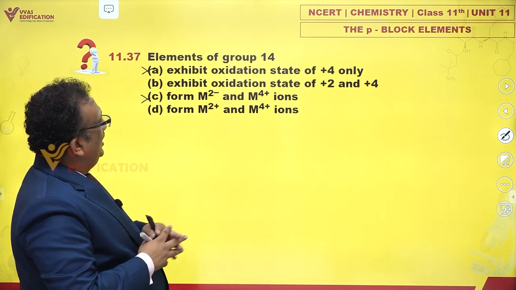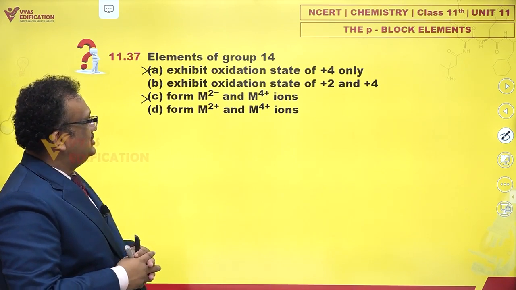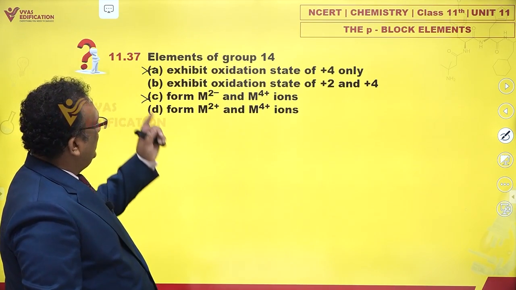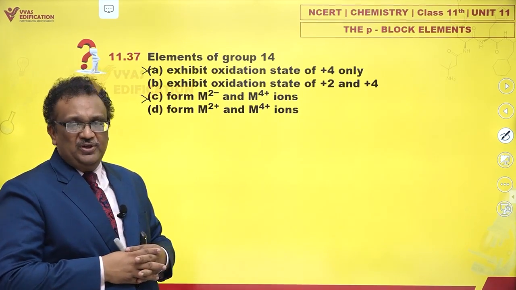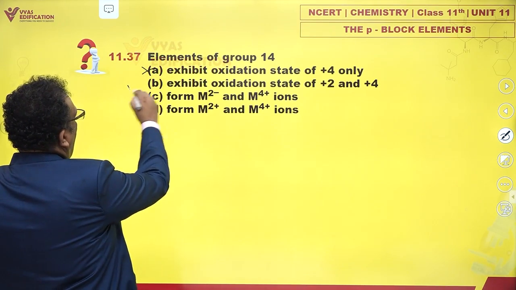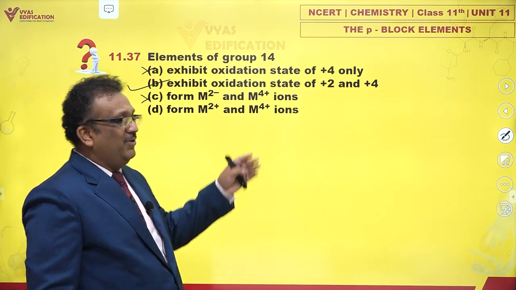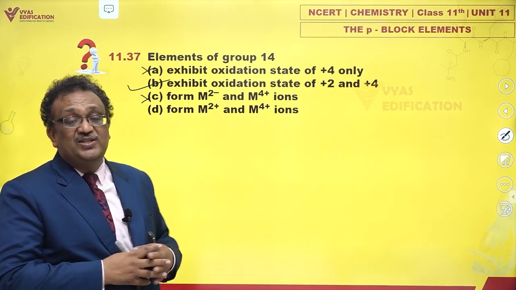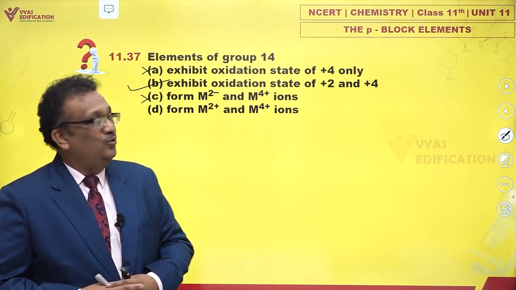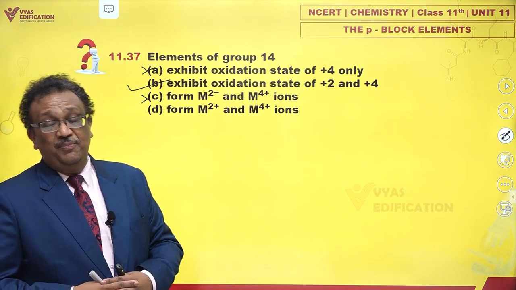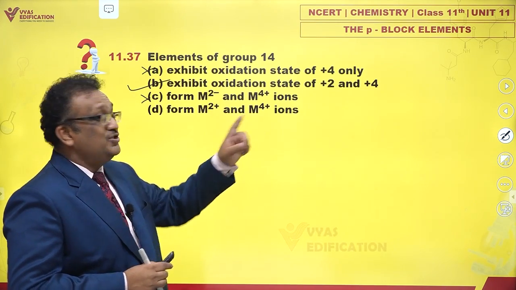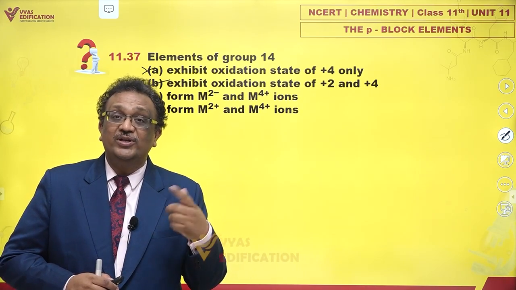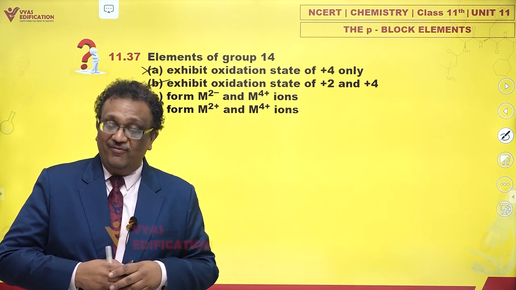Forms M2+ and M4+ ions. Actually, exhibiting oxidation states of +2 and +4 is much better. Carbon, for example, will not form C4+ cations. That is ridiculous and preposterous. But yes, it can exhibit oxidation states of +2 and +4. And please note, the word only is not there. What does that mean? That they can also exhibit other oxidation states, which they very well do.